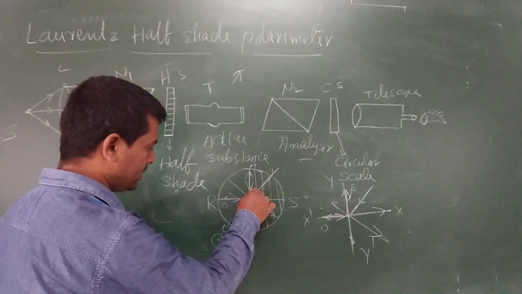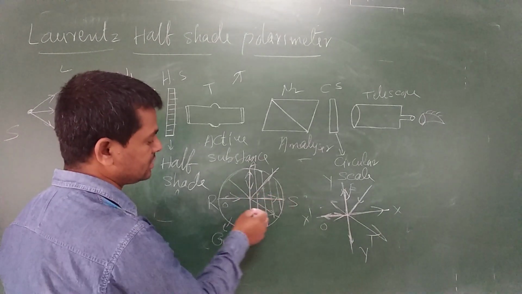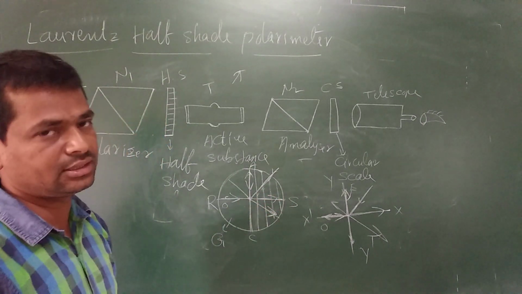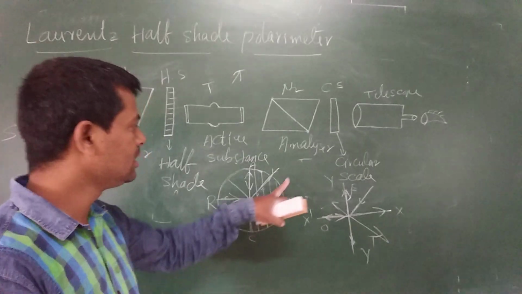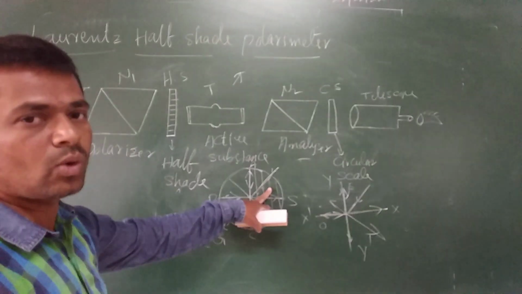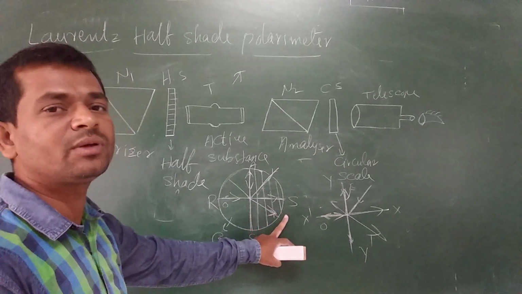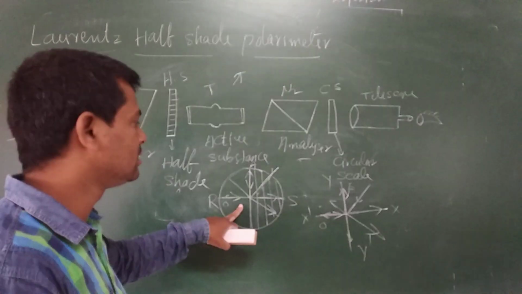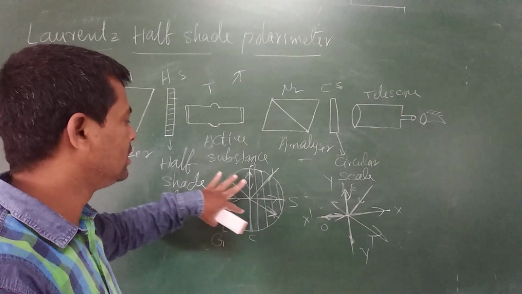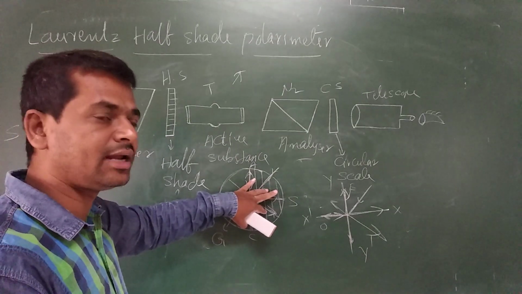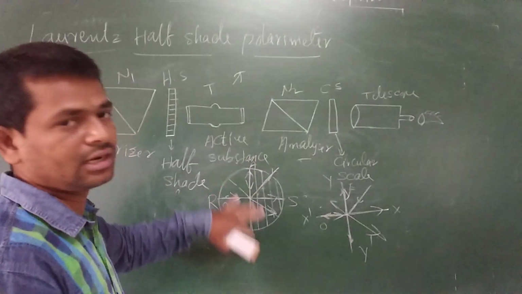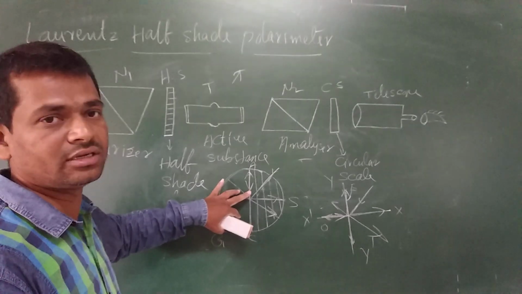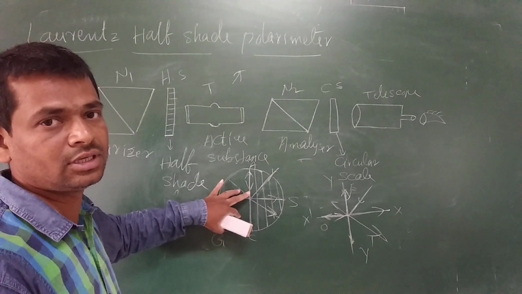That means the E ray travels like this, the O ray travels like this, and their resultant will be like this. Here the light is entering into the quartz and leaving from the quartz. No light is entering into the glass plate. So that is the reason it appears very bright. It cannot appear bright; it appears shade dark. Right?